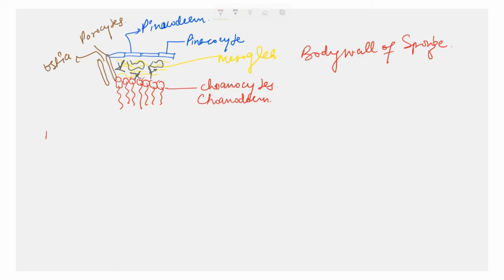And then you have this choanocyte. This choanocyte has a circular cellular body inside which there is a nucleus, and this is your nucleus.